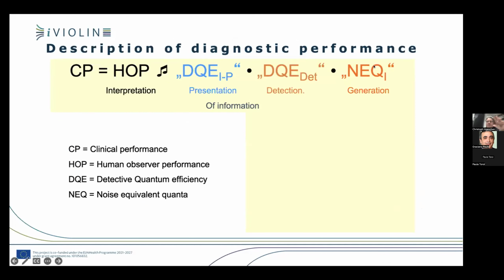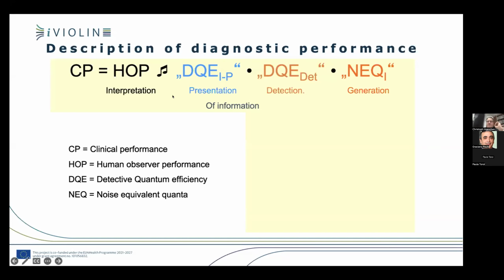This depends on various parameters, and I will come to that in a second. Then we have to detect what has been done here. So this signal-to-noise ratio has to be detected first by the detector. So this is a detection task. And then by the software, which can be summarized as a presentation.